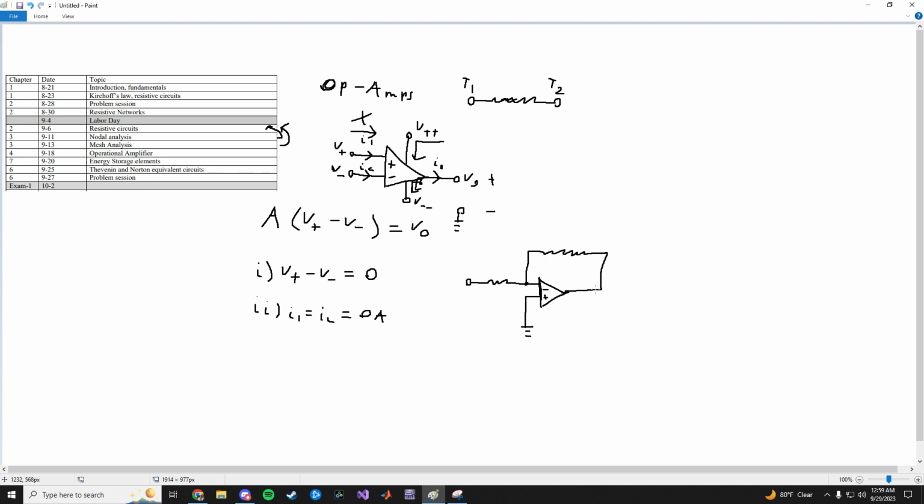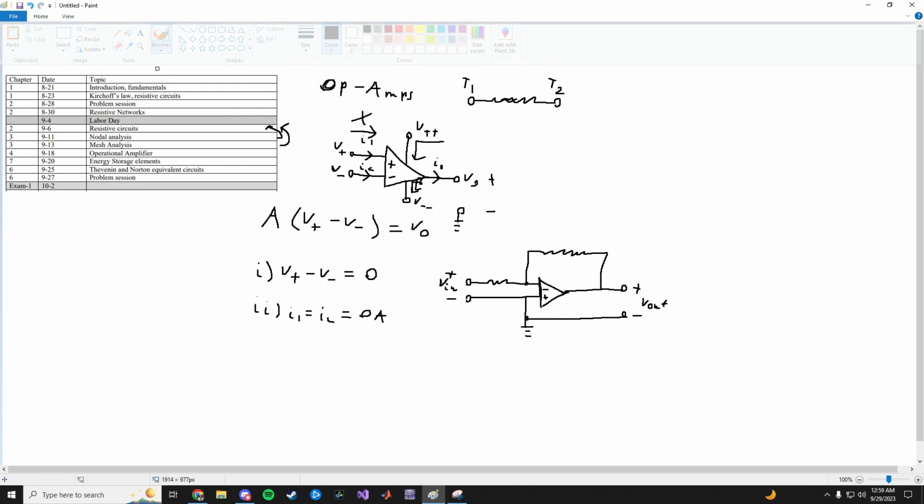This is probably the most basic op amp circuit there is. Let's call this Vn, and over here would be Vout.